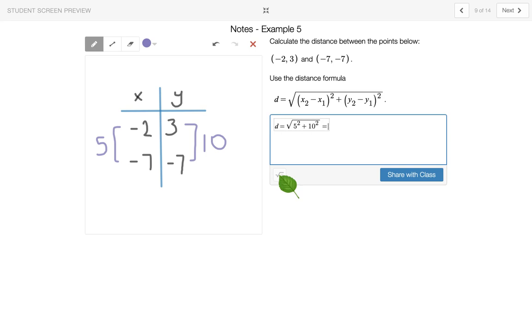And this gives us the square root of 125, which equals the square root of 25 multiplied by the square root of 5, which is 5 root 5.